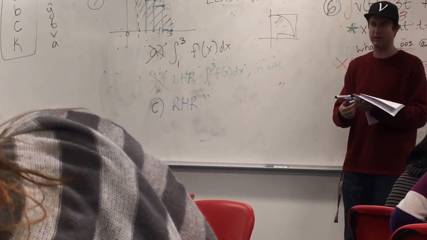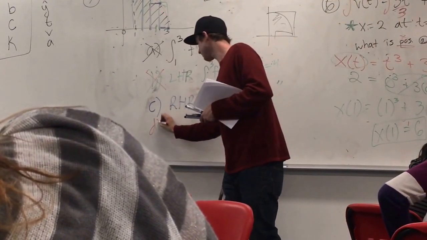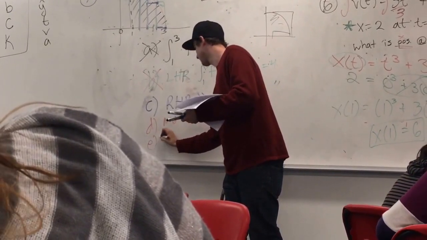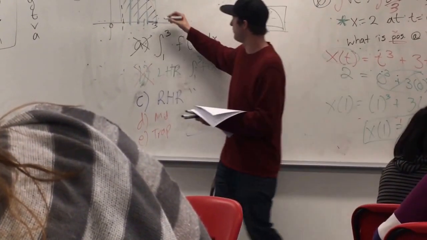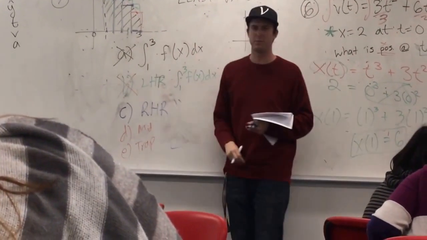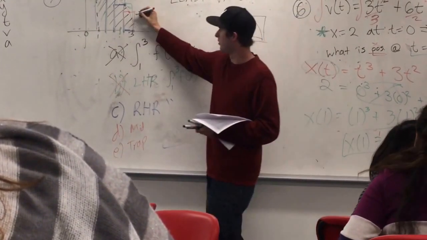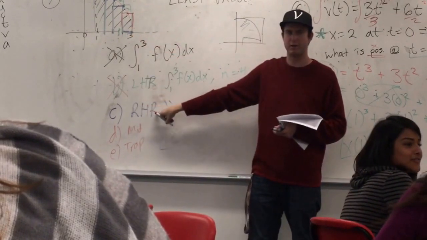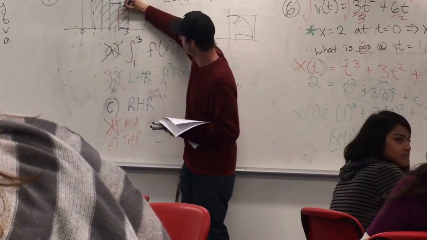Okay, then D and E are both very similar. D is midpoint, and E is trapezoid. Midpoint starts in the middle, and midpoint and trapezoid are usually pretty accurate. Do we see how that's already going to be bigger than the right hand? And then E is trapezoid, which is very similar.